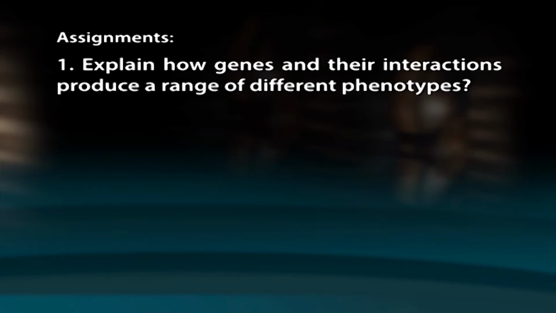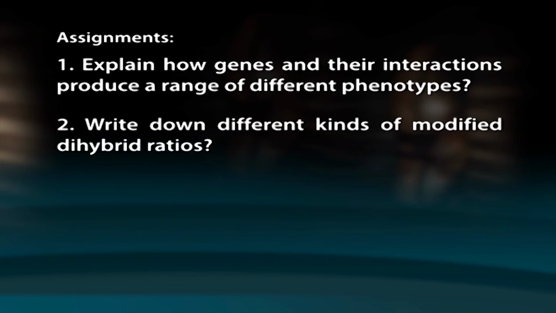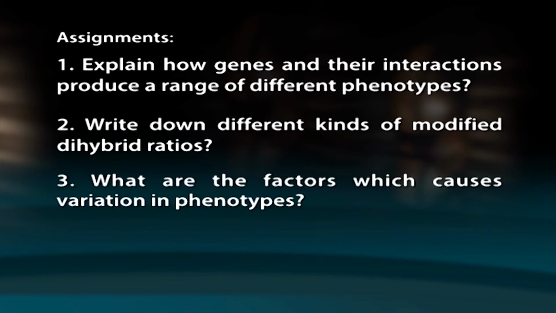Now, let me give you some assignments to work out. First, explain how genes and their interactions produce a range of different phenotypes. The second one is write down different kinds of modified dihybrid ratios. Coming to the third, what are the factors which cause variation in phenotypes?